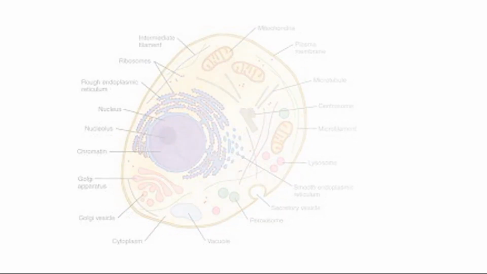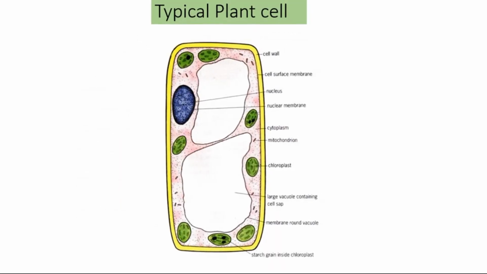The typical plant cell, as viewed under a light microscope, is also very simple. It has its outermost membrane being the cell wall, and just like the animal cell, another membrane on the inside that is called the cell membrane.